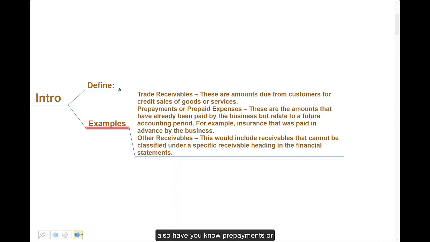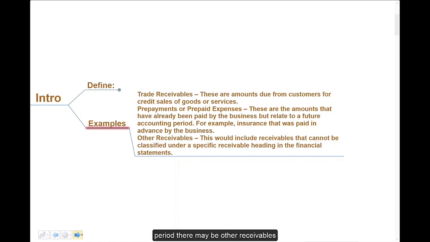But you'll also have prepayments or prepaid expenses. Note that if we pay something in advance that relates to a future period, e.g. the example here is insurance, then technically that's an amount owing to us. That is a receivable, but it's receivable in a future period.